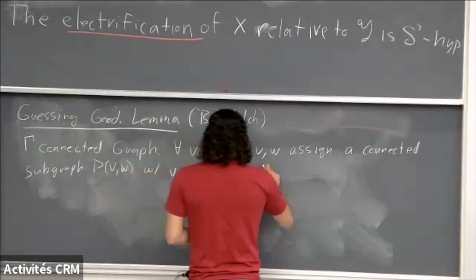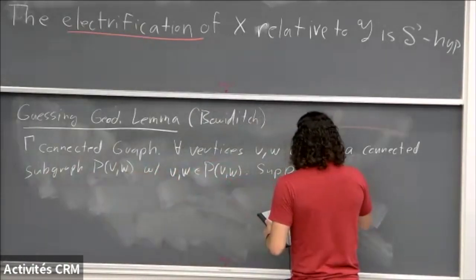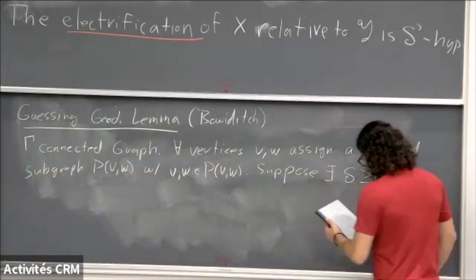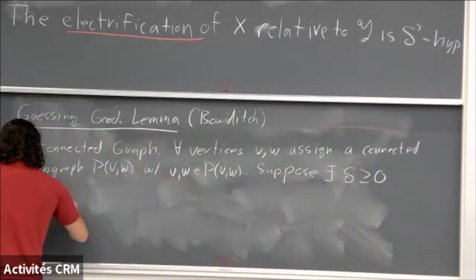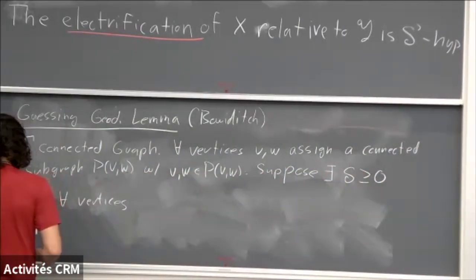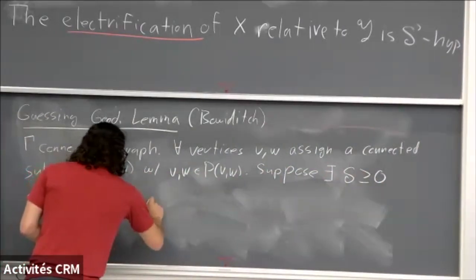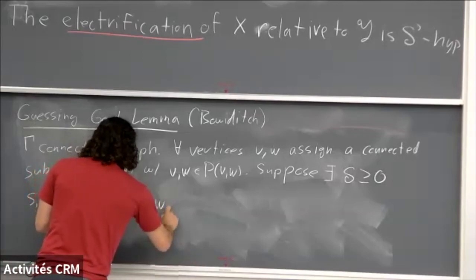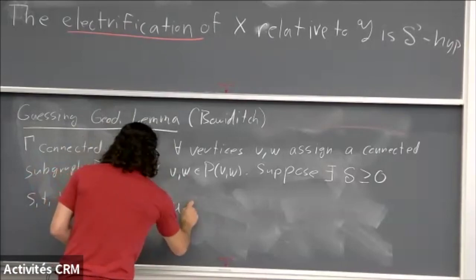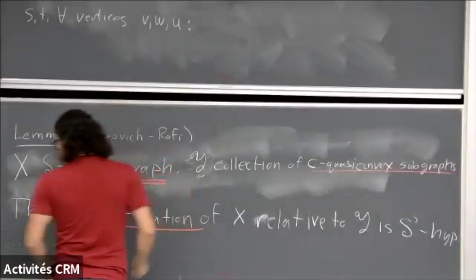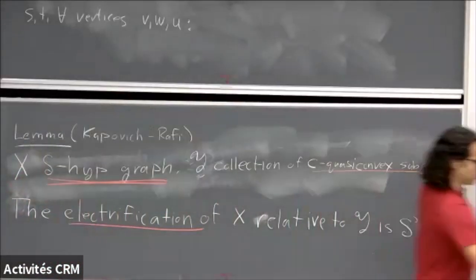Now I'm going to suppose there exists a constant delta, so that for all vertices U, we have two conditions. I'll leave that there, and I'll write the second half of the conditions over here.